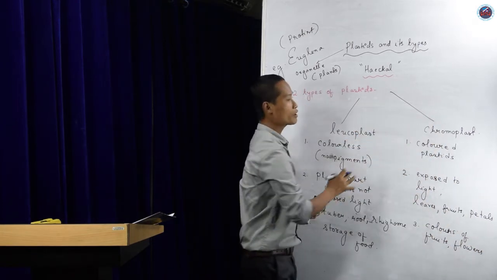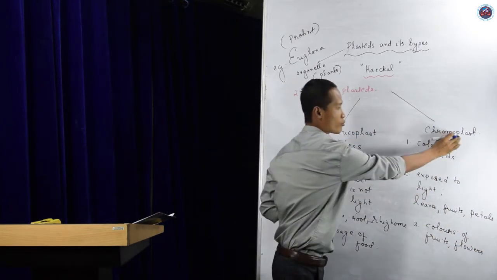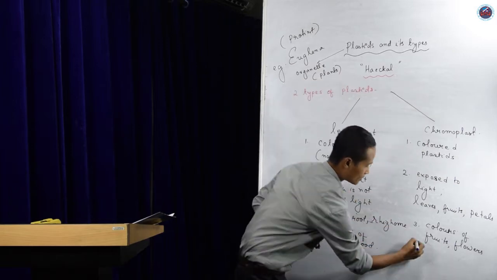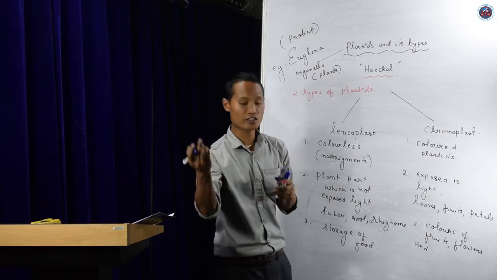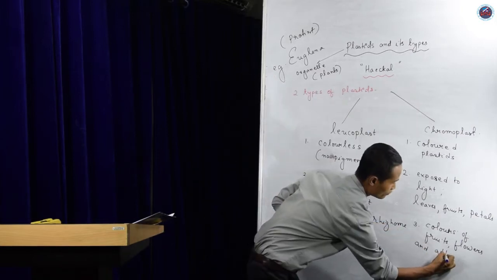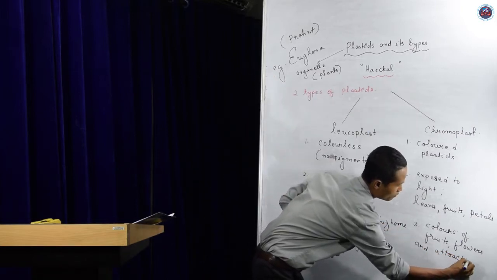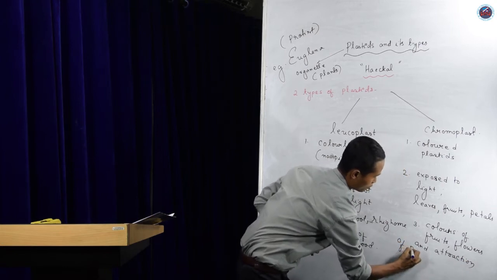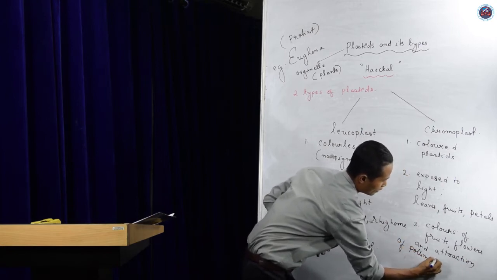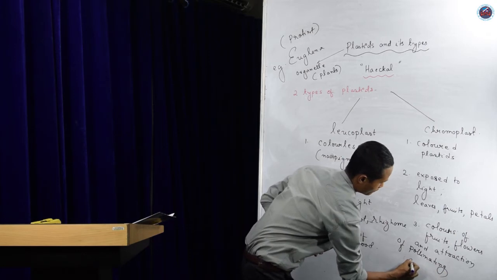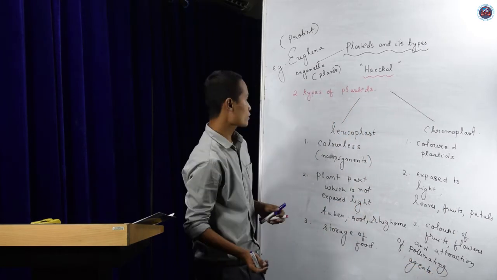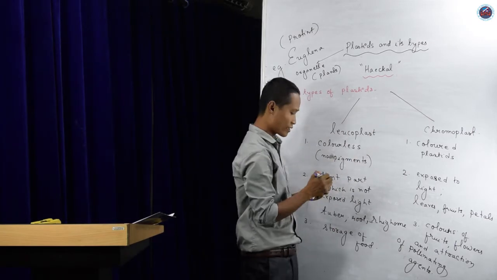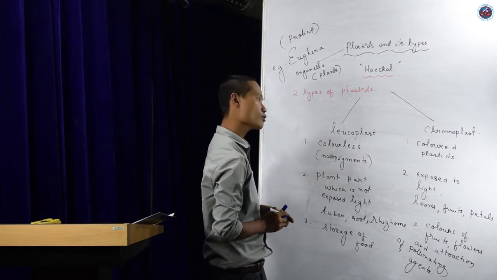It's all because of the plastid, that is chromoplast, and also attracting some pollinating agents like insects and birds. So these are the three differences between leucoplast and chromoplast.